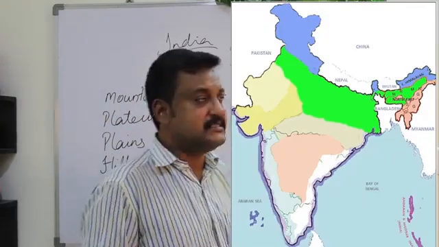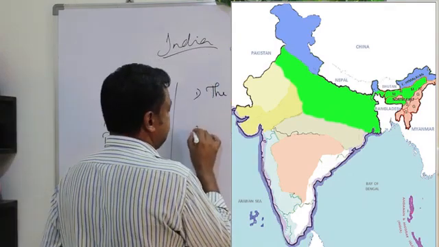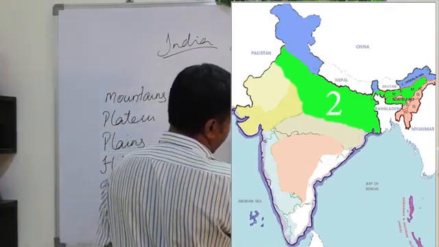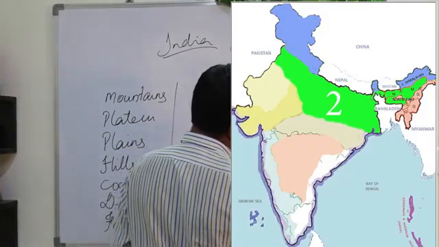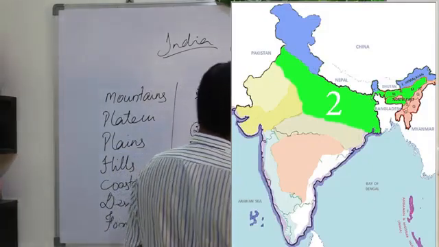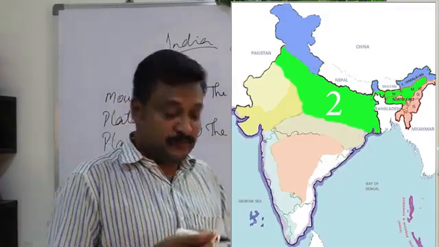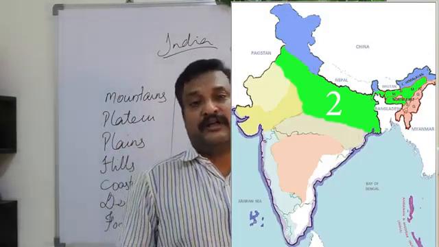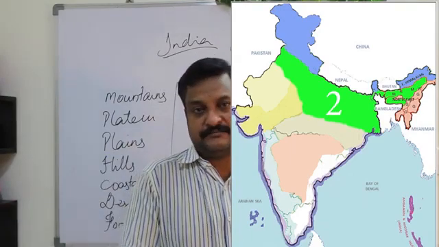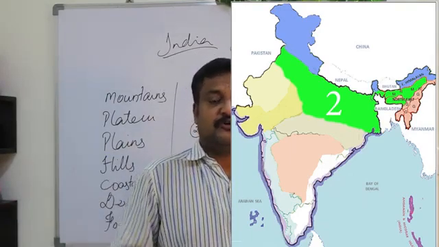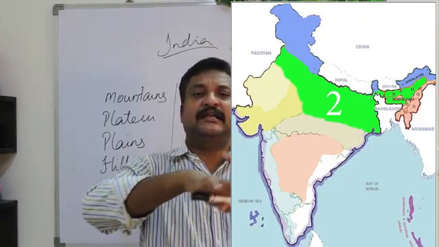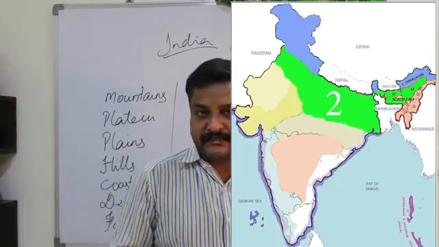Now, the second is the northern plains. Just below these mountains, along the rivers that come out of the mountains, we have plain land areas. Okay, there won't be any mountains over there. They are very plain, flat land areas.